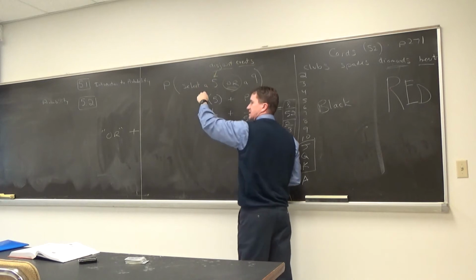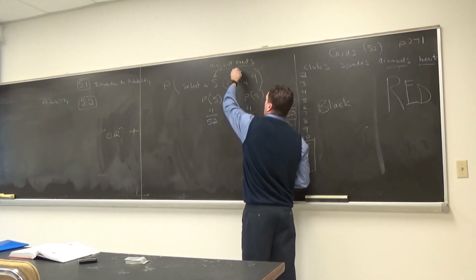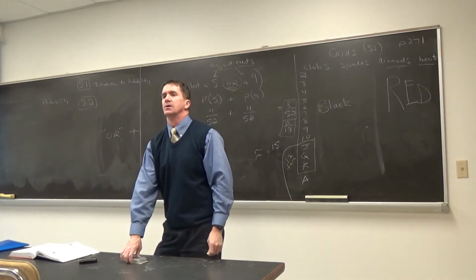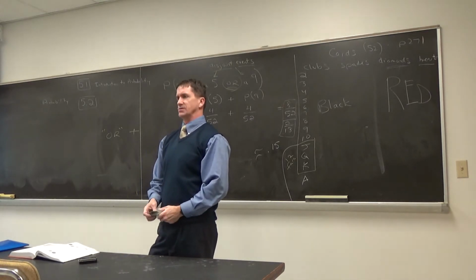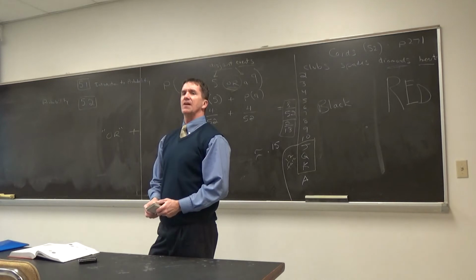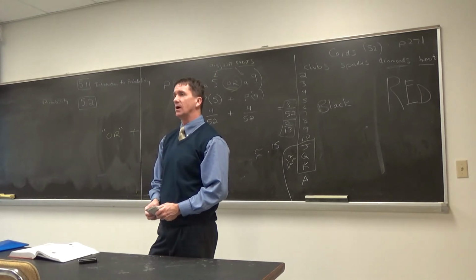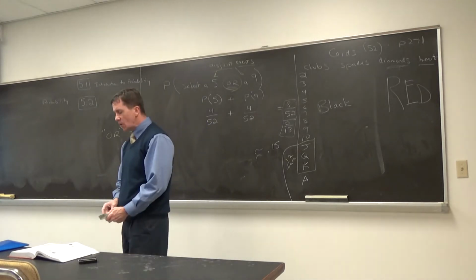This event here, selecting a 5 from the deck, and this event here, selecting a 9 from the deck, are called disjoint events. Well, what's the textbook definition? Disjoint events have no outcomes in common. They share no outcomes.